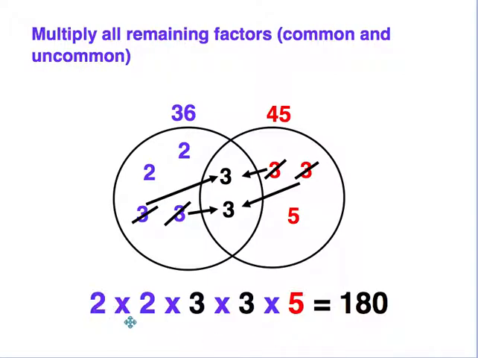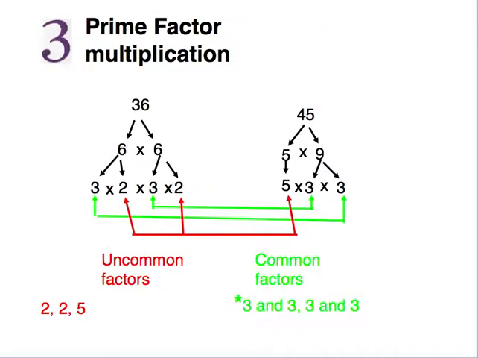So I'm taking my uncommon, which is my 2 times 2 times my 5, and I'm multiplying by my common factors, 3 and 3. Notice that I don't have to write 4 3s. If there are common factors, you are just combining them into the 2 3s that would exist in this example. So over here, my answer would be 180 as my lowest common multiple.